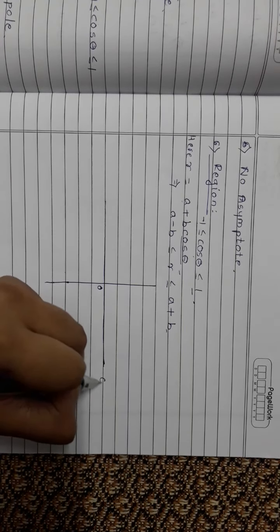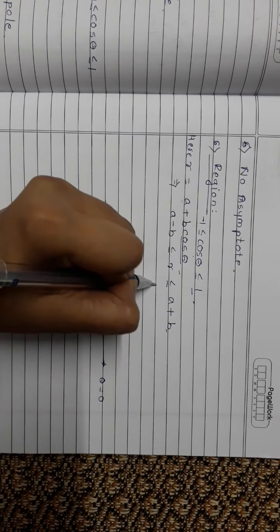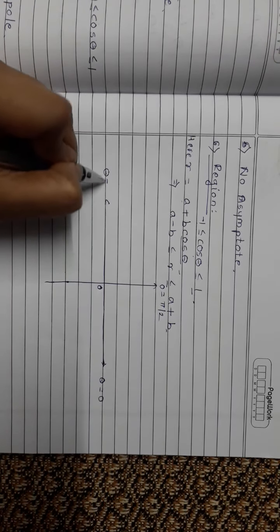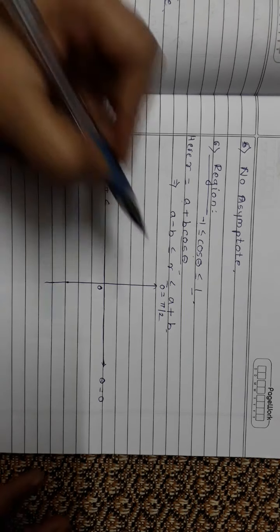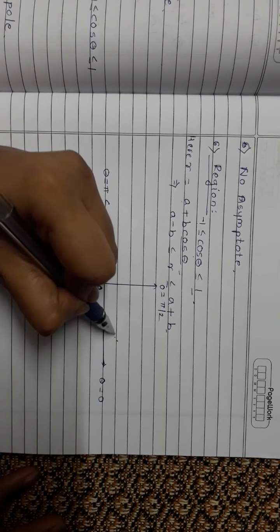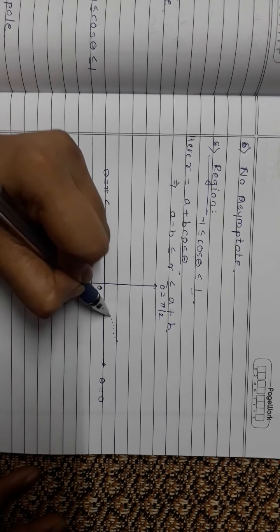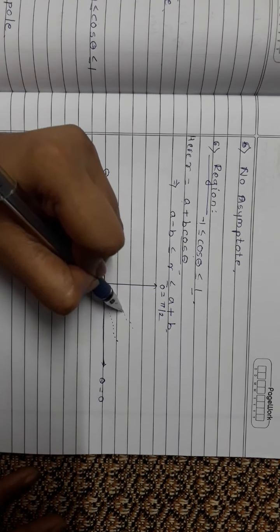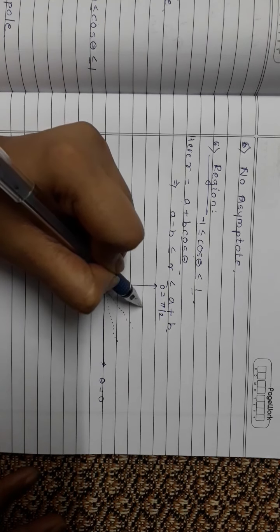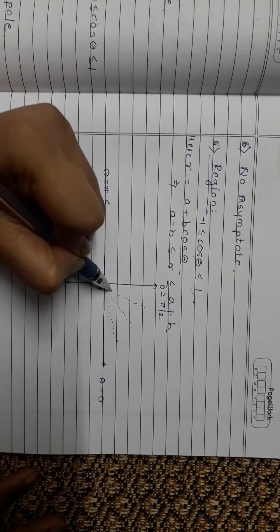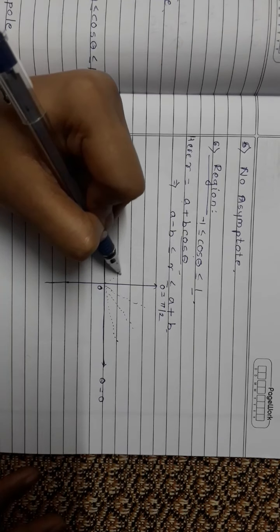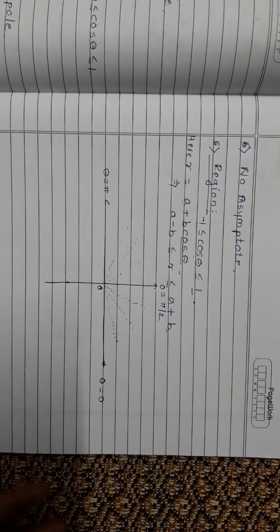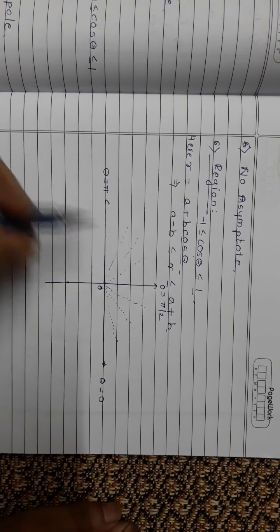This is 0, this is theta equal to 0, this is theta equal to pi by 2, theta equal to pi, right? Like we did in the previous case, I'll just roughly draw the angle lines, 30, 45, then 60, then 120, 135 and 150, like this, right?